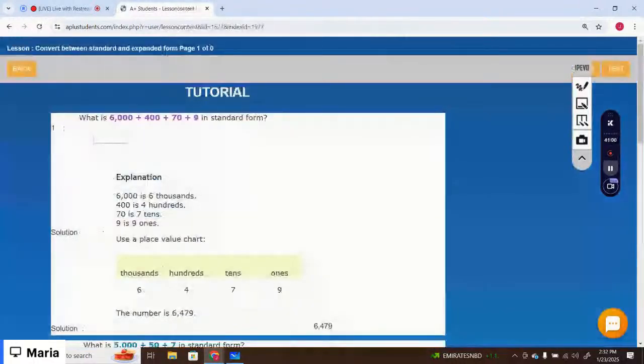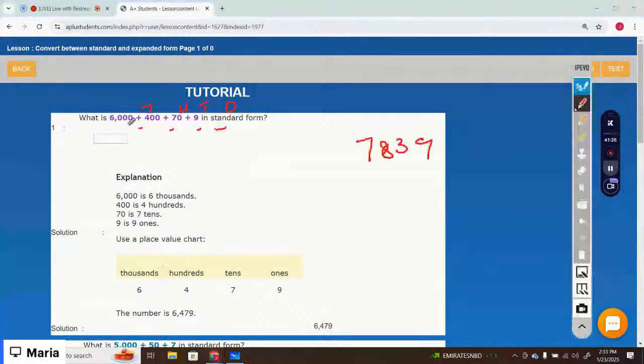Convert between standard and expanded form. That is the expanded form when they are written like this: 6000 plus 400 plus 70 plus 9.